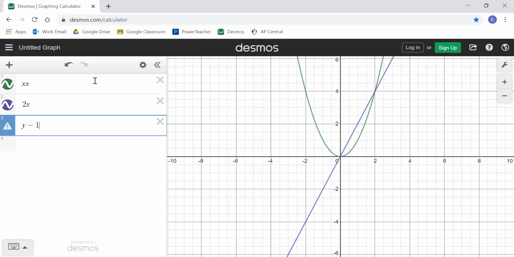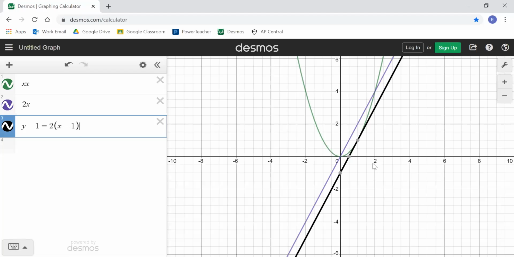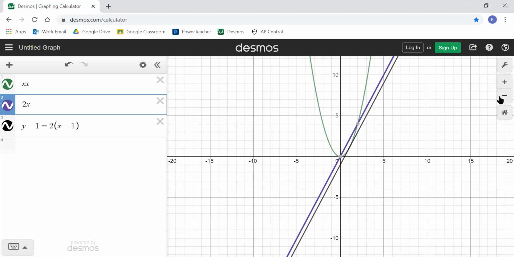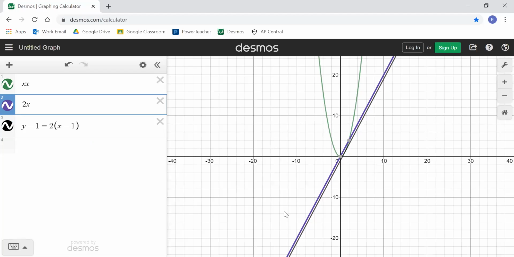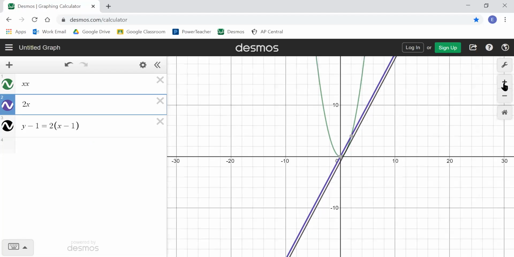And then y minus 1 equals 2 times x minus 1. And we can see that, first off, our y minus 1 equals 2 times x minus 1 is tangent at 1, and it has a slope of 2. Okay? And y equals 2x clearly goes through the points 0, 0, and 2, 4, the endpoints of that interval, also has a slope of 2. And clearly, they both have a slope of 2, but you can clearly see that those two lines are parallel.